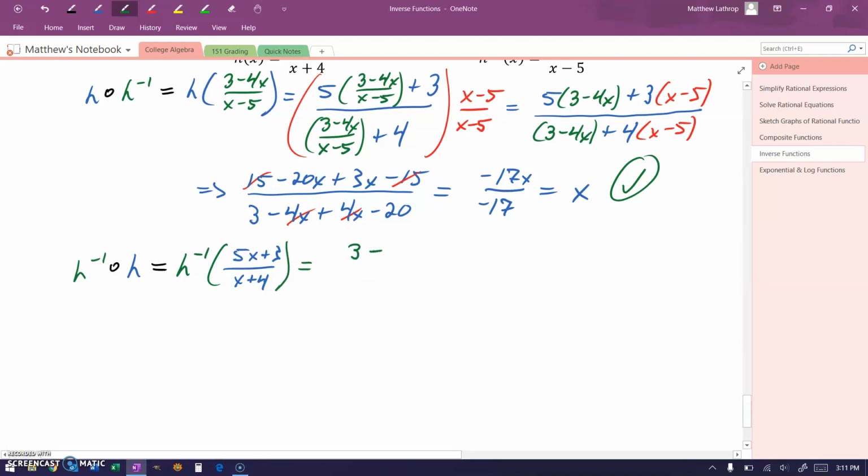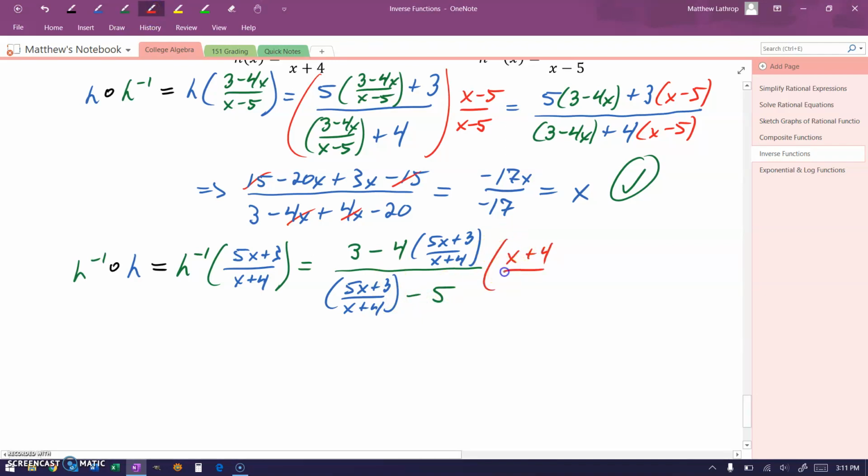So we'll get 3 minus 4 times that quantity, all over that quantity, minus 5. And then what we can do is multiply both numerator and denominator by x plus 4.